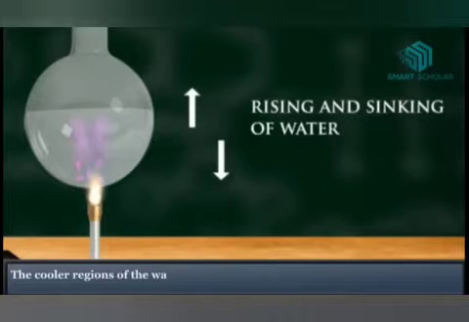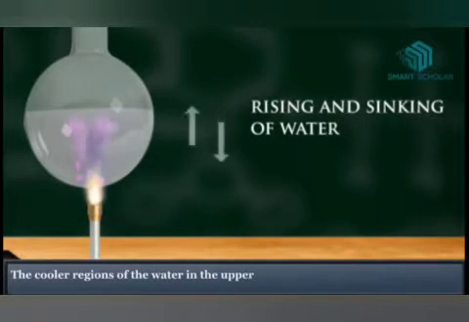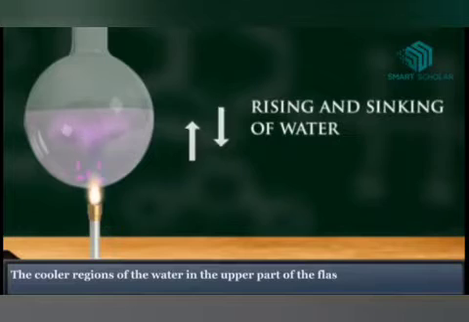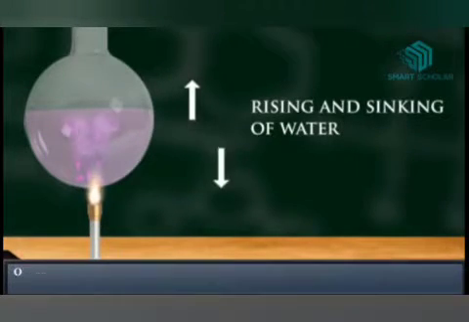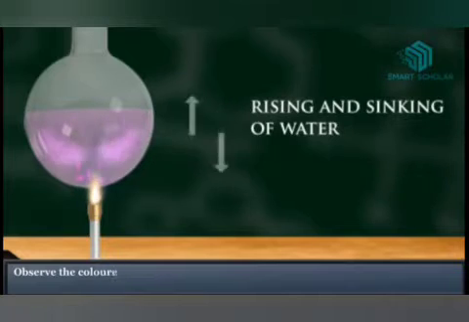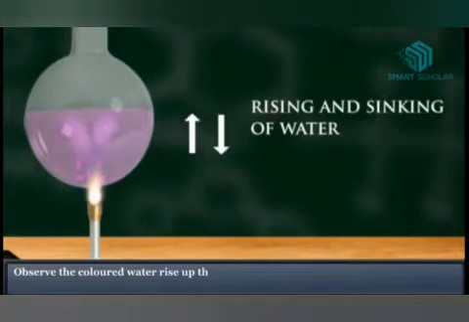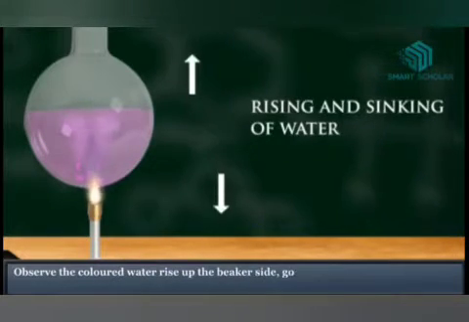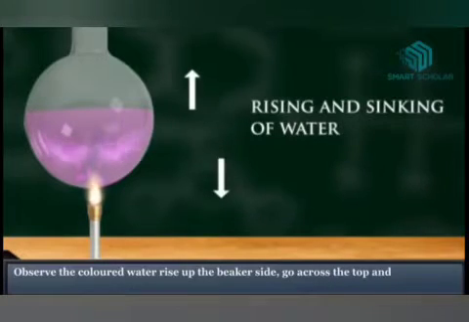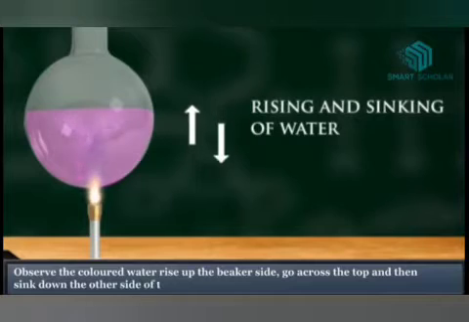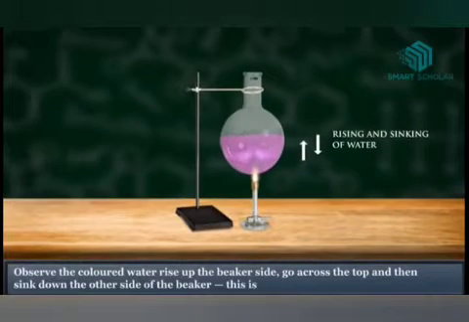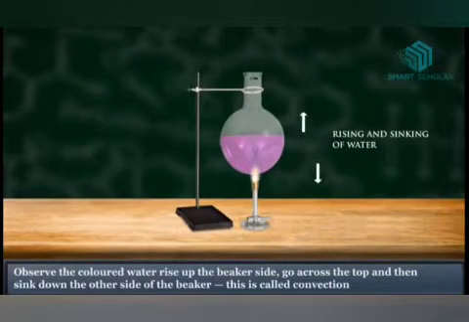The cooler region of the water in the upper part of the flask, being denser, sinks. Observe the colored water rising up the side, going across the top and then sinking down to the other side of the beaker. This is called convection of heat in liquid.